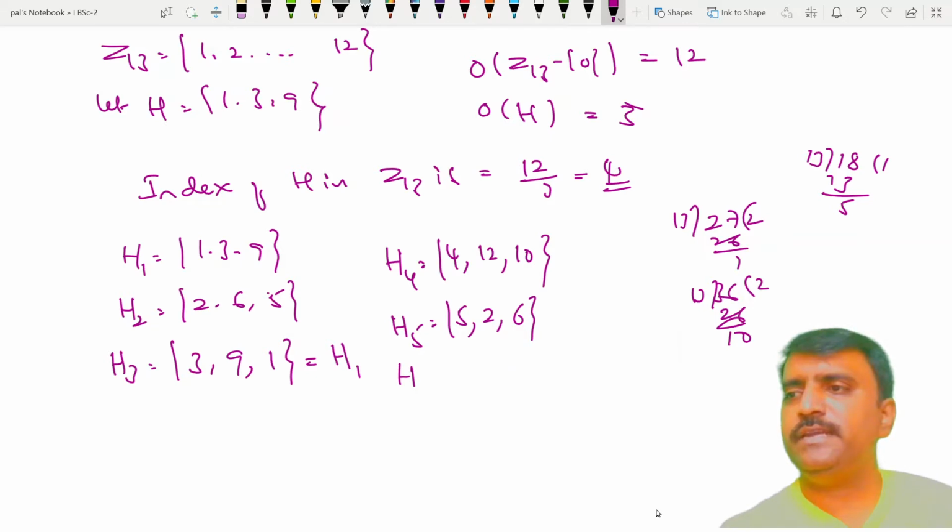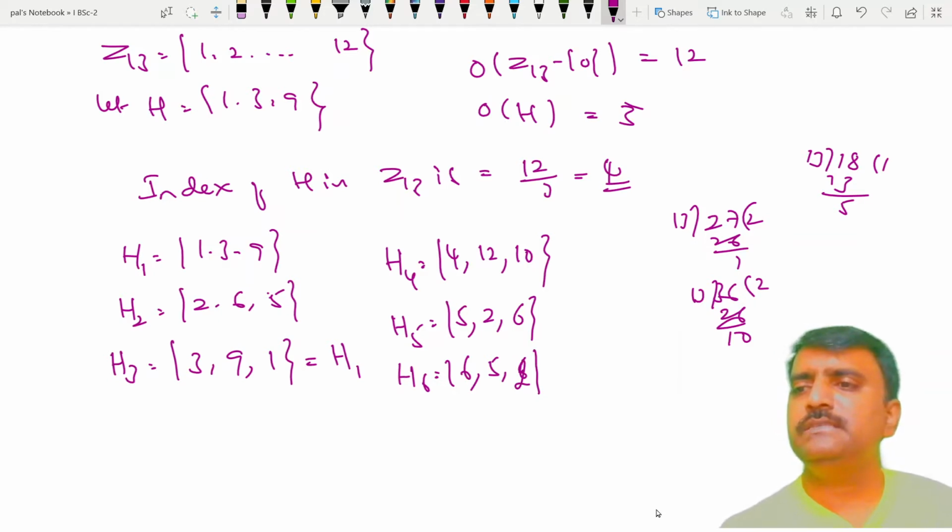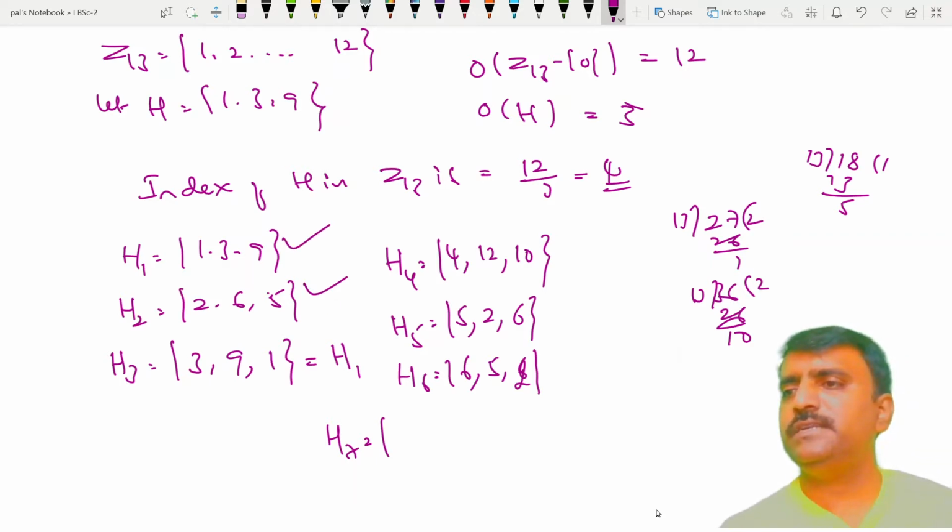Next, if you take h6, it gives the same elements: 6 times 3 is 18, which is 5, and another element 2 comes. Similarly, go on finding. We have these distinct ones, and we need one more coset.